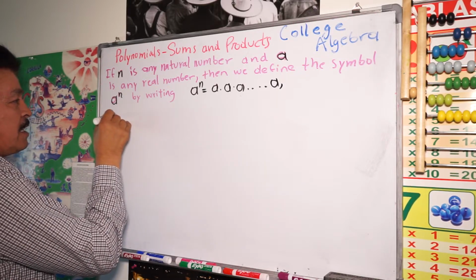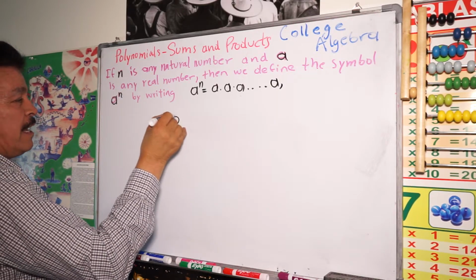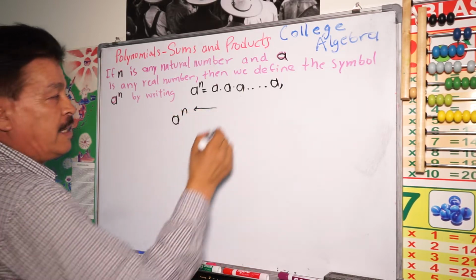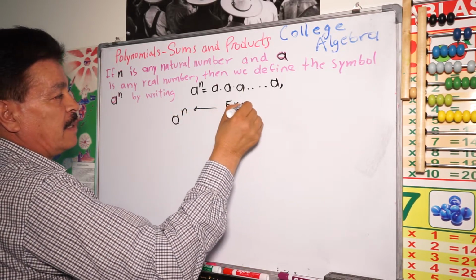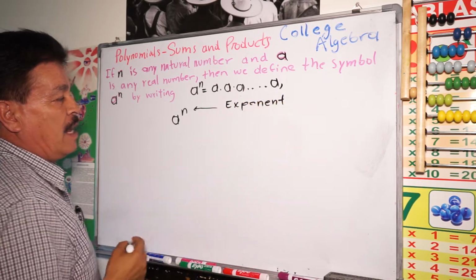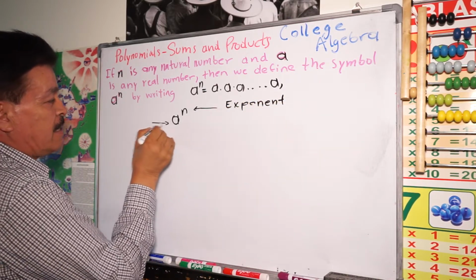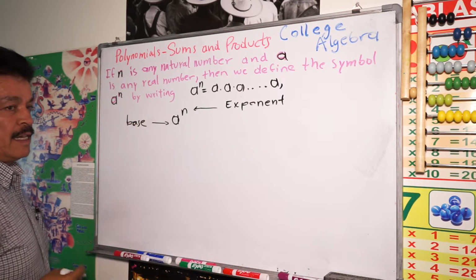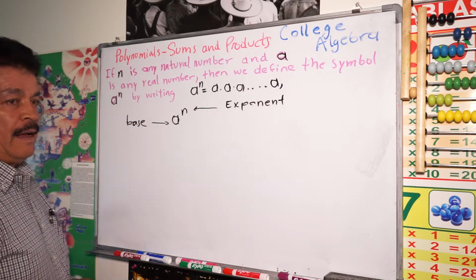review. What is the exponent? For example, you have a^n here. This is called the exponent. And then a is the base. It's the base. Exponential.